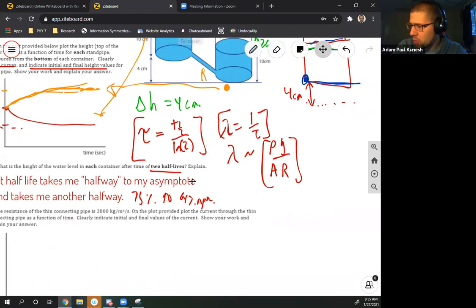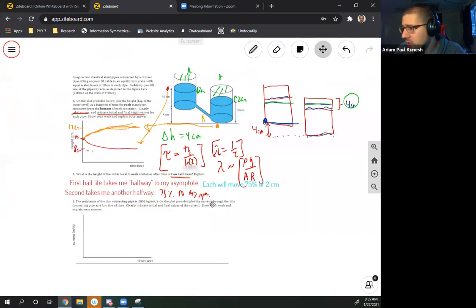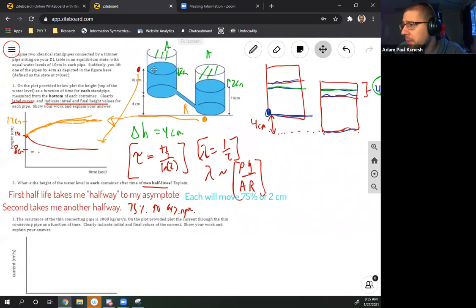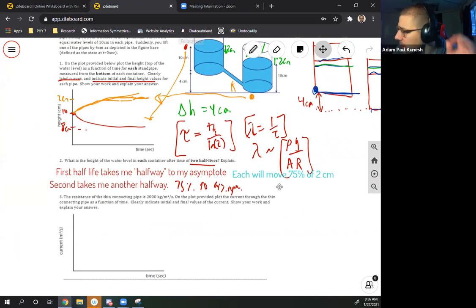Each will move 75% of 2 centimeters. So each of them moves 1.5 centimeters, which is going to take my upper pipe from 10 centimeters down to 8.5 centimeters.